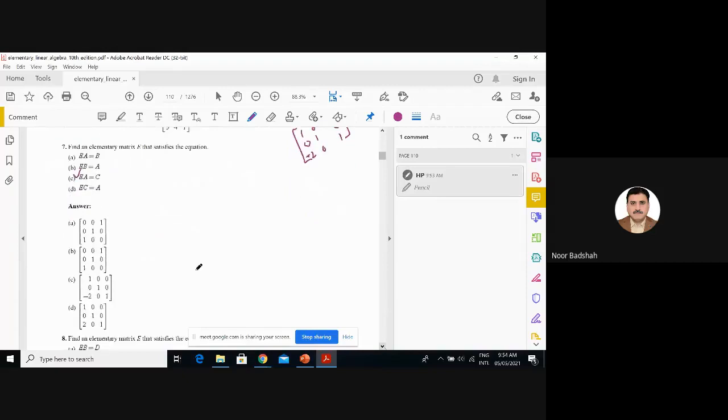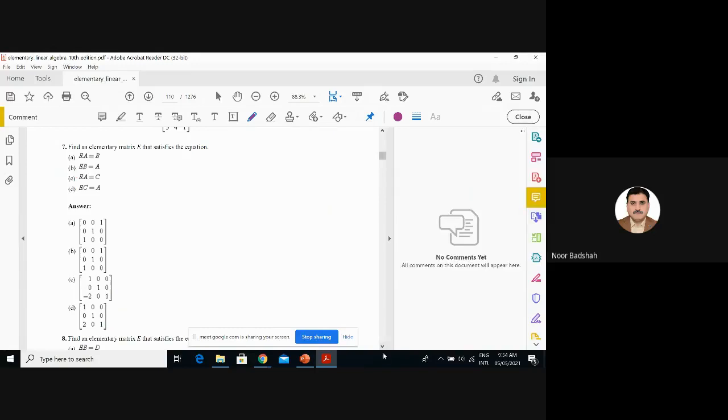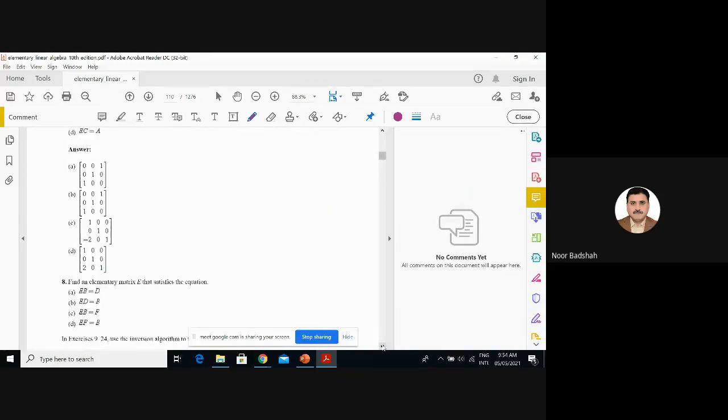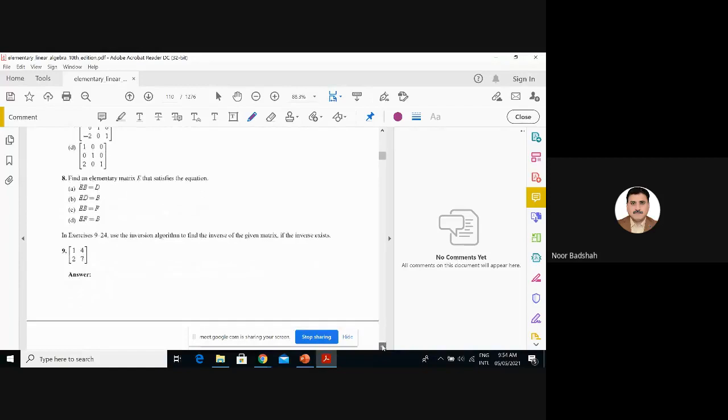You see, this is an elementary matrix. And then how do we get A back from C? So that is row number 3 plus 2 times row number 1. You get matrix A back. We are getting this elementary matrix. Same thing in question number 8 as well.